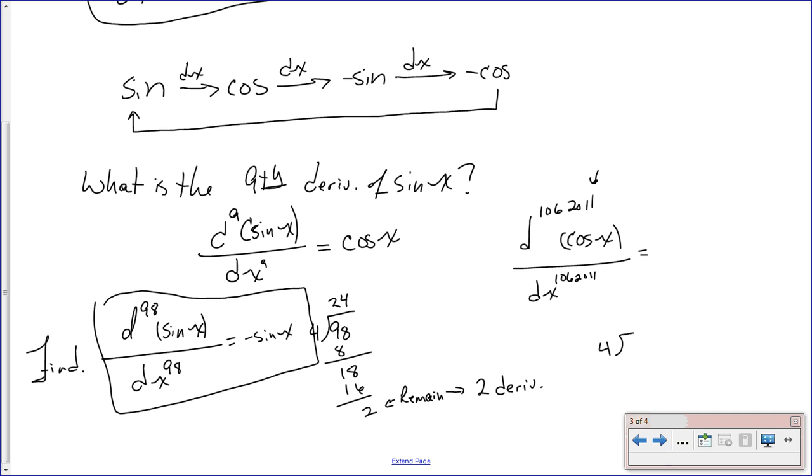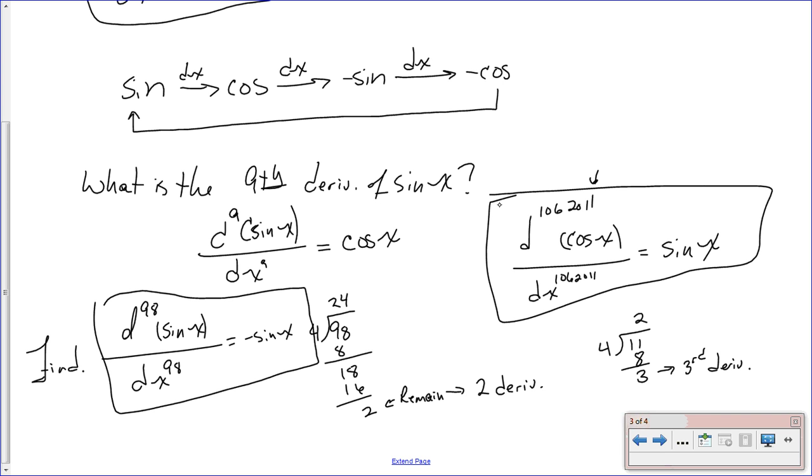So 4 into 11, 4 goes into 1, 0 times, 4 goes into 11 twice, that's 8, remainder 3, so it acts like a third derivative. So the third derivative of cosine is 1, 2, 3, so it equals sine of x. All right, not too bad. I don't think so anyway.